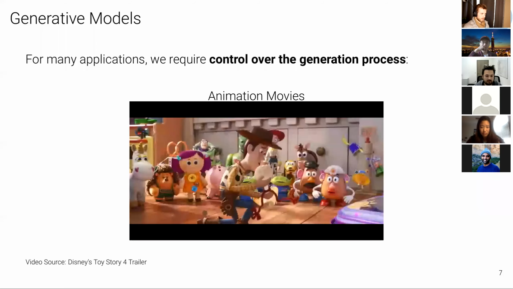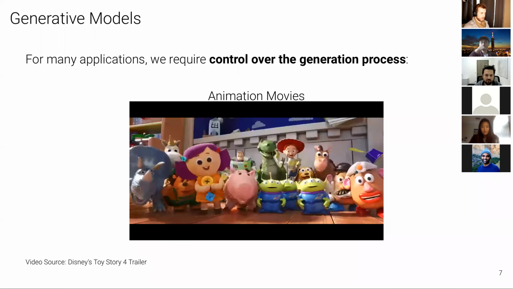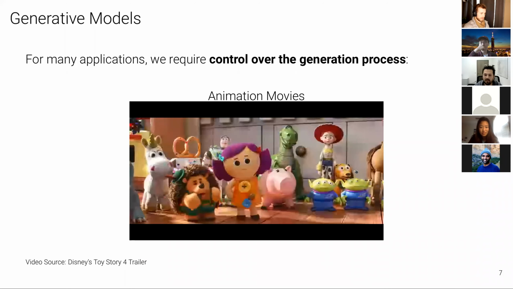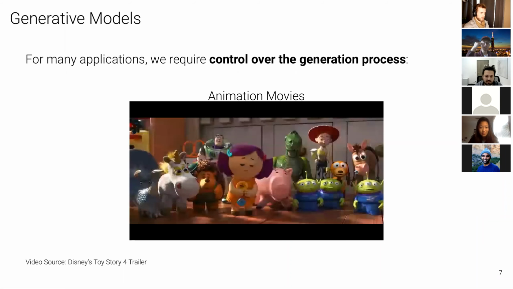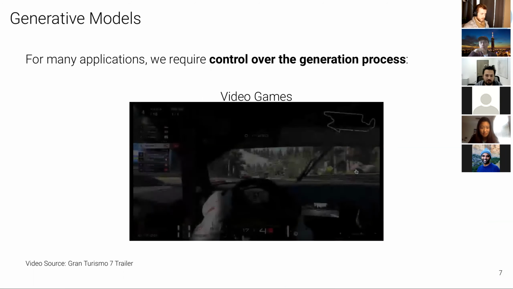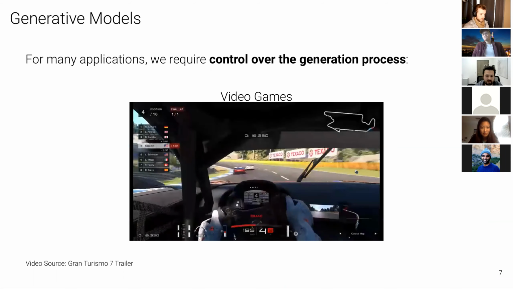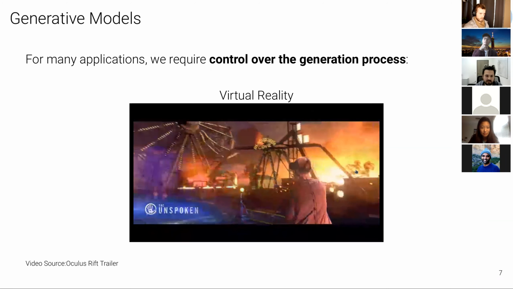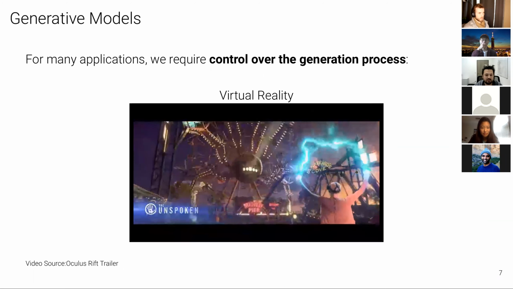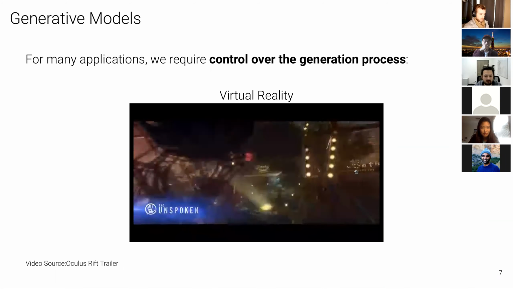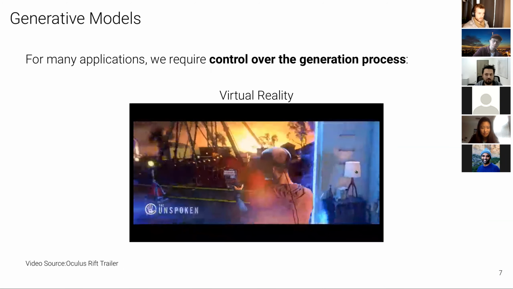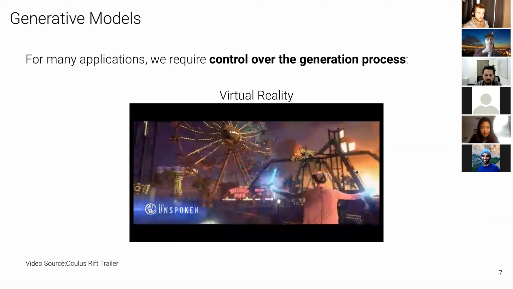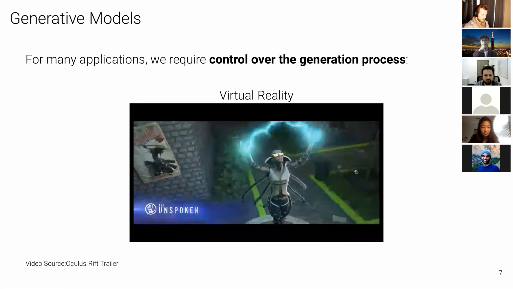From a high level, if we think about possible applications like animation movies, video games, or virtual reality applications, we can see that just generating high quality images is not enough. We want to engage in the scene, right? And we want to manipulate the scene.